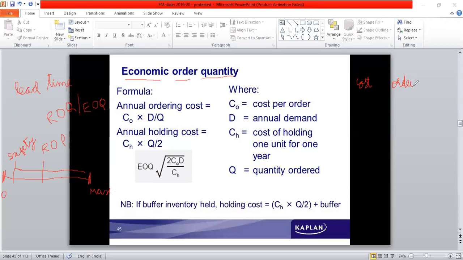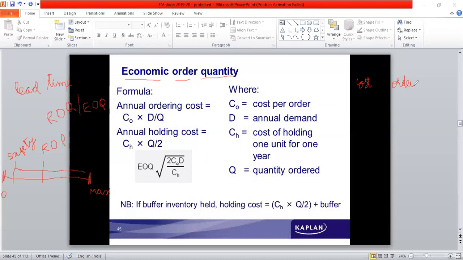Ordering cost is like the procedure I have mentioned: suppliers are contacted, asked to present their quotation, and then selected, and there are certain costs involved. Maybe a person is appointed to take care of placing orders, so the salary of that person, the communication charges, postage, those charges.